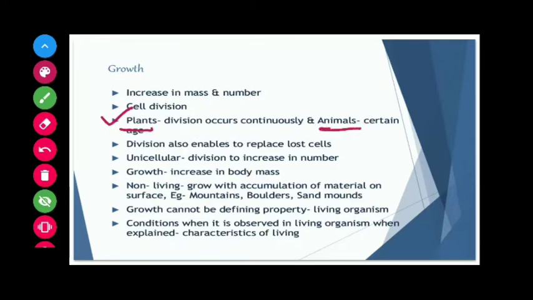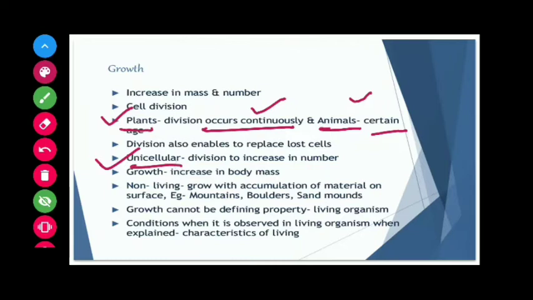In plants, growth takes place continuously throughout their lifespan, while in case of animals, they grow up to a certain age only, and the cell division is limited to certain cells only to replace the old, worn out or lost cells.